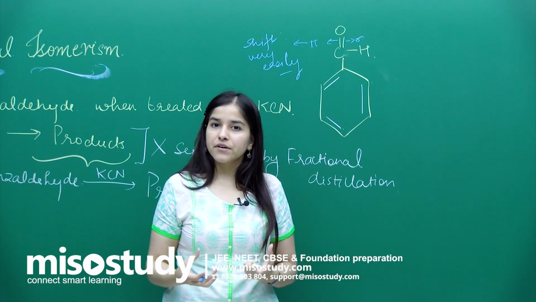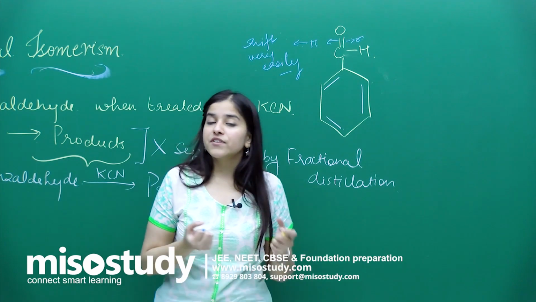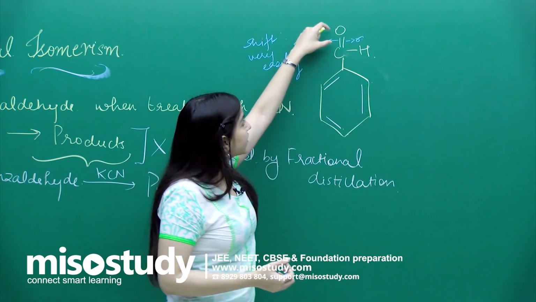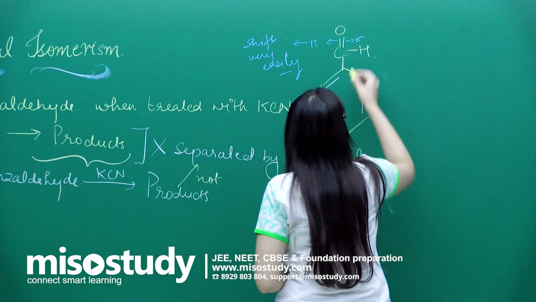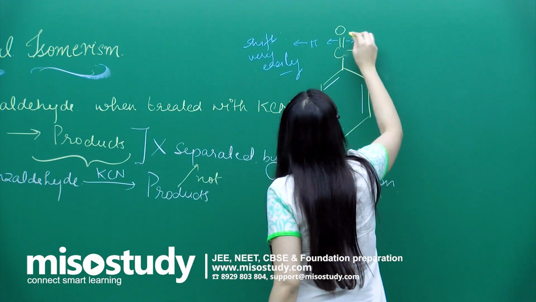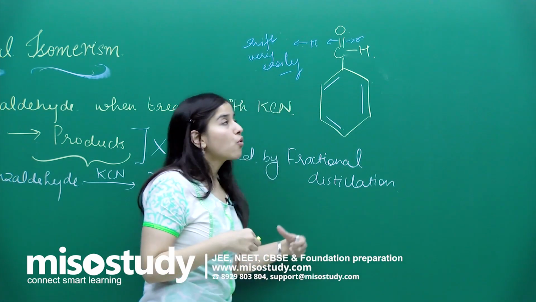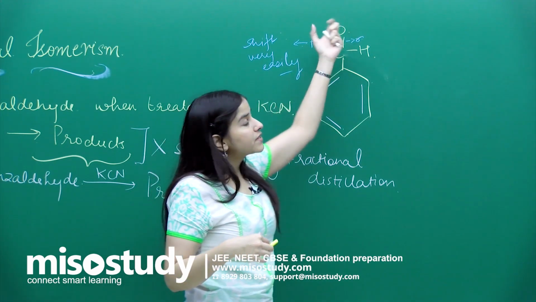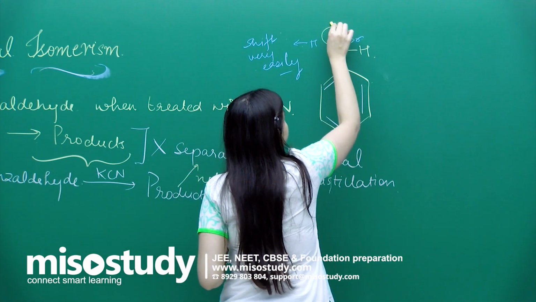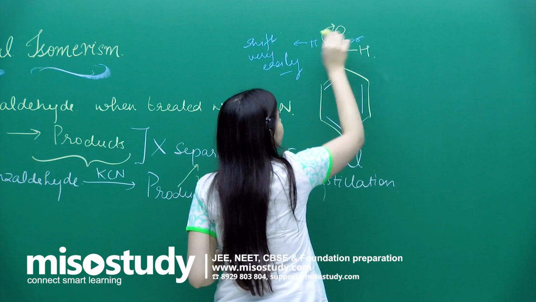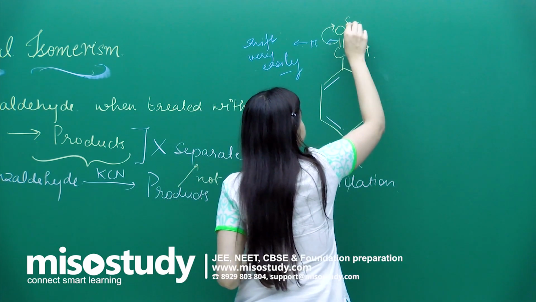What is electronegativity? Electronegativity is whenever an atom is capable of attracting the electrons. So here oxygen is more electronegative than carbon. So I have got a slightly higher density of electrons over the oxygen as compared to the carbon atom. So there is a shifting. These pi bonds shift onto the oxygen atom.